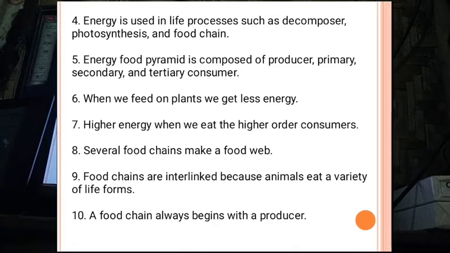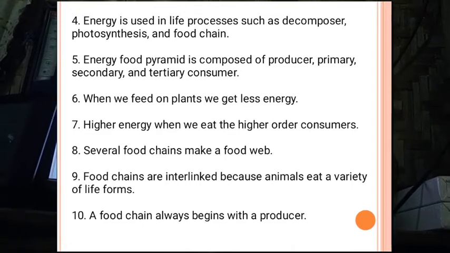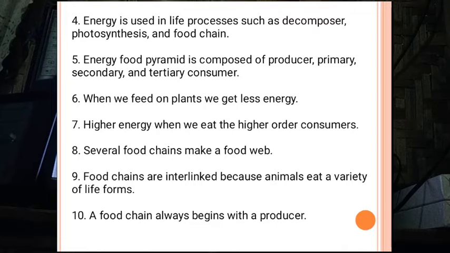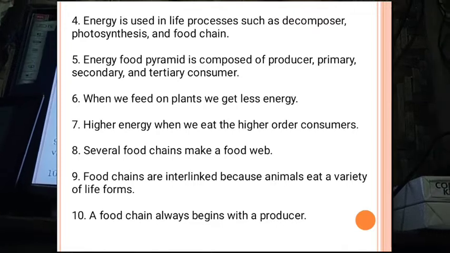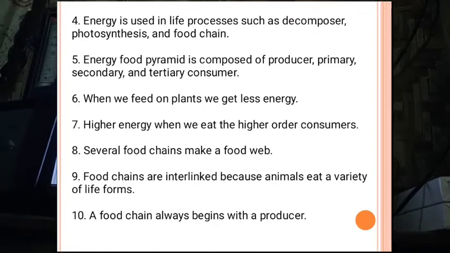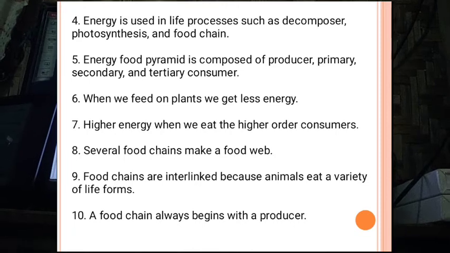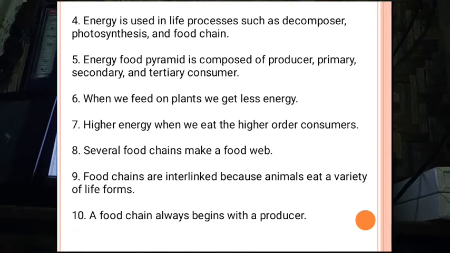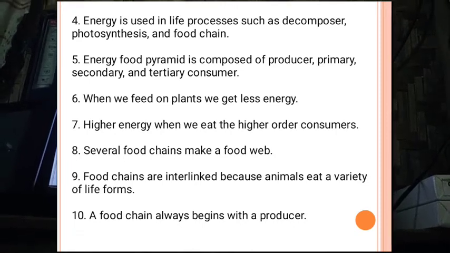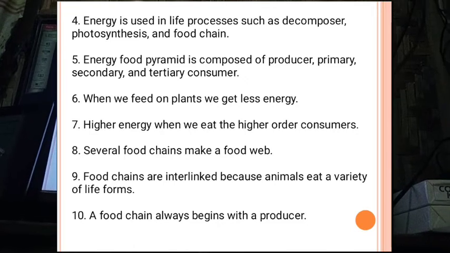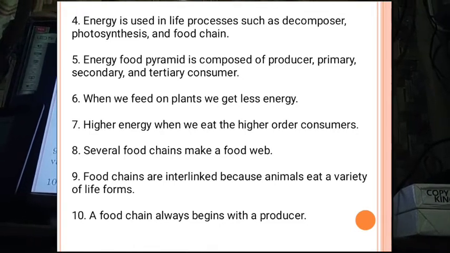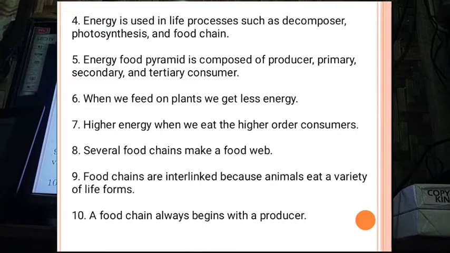Again, energy food pyramid is composed of producer, primary, secondary, and tertiary consumer. For number 6, when we feed on plants, we get less energy. I repeat, when we feed on plants, we get less energy.